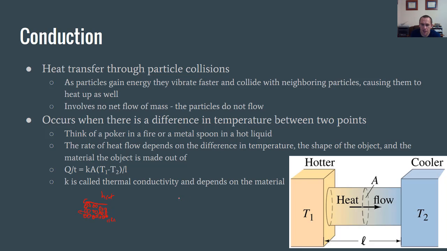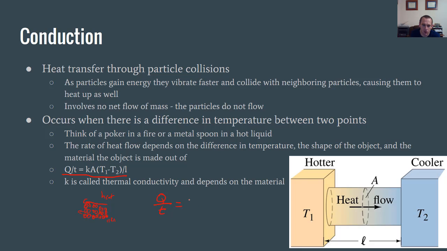And this equation right here describes the rate at which that heat flows. Now remember, Q is heat. Heat is in the form of energy. It's energy transfer due to a temperature difference. And so that's joules. This is over time. So a joule per second is a watt. So we're actually looking at power, the rate at which heat is conducted.